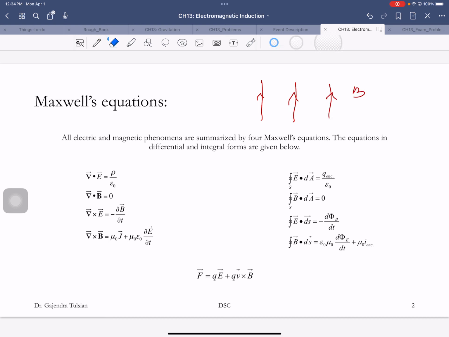Now if you change this magnetic field with time, so make it stronger, for instance, if the magnetic field is increasing in this direction, it produces an electric field. This magnetic field will produce an electric field like that.